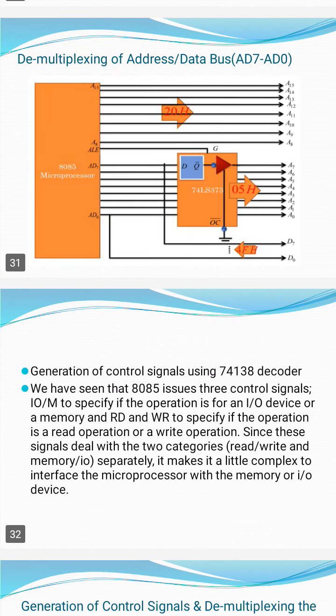So this latch is nothing but a decoder circuit, and 8085 can use 3 control signals, IO/M bar to specify the memory or the IO address, and read or write signal to specify the type of the operation.